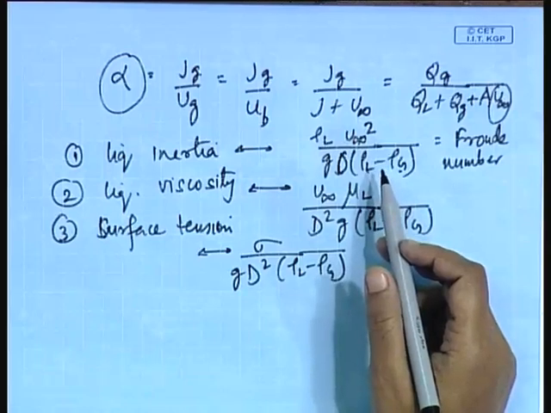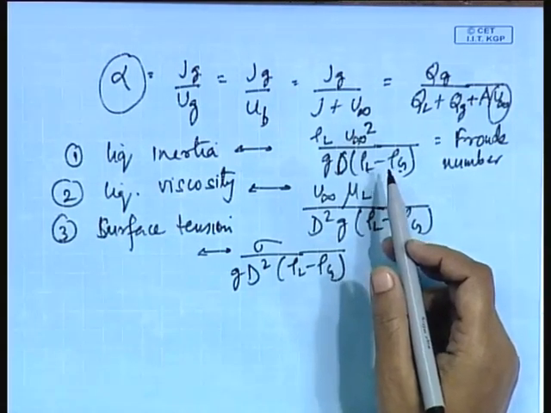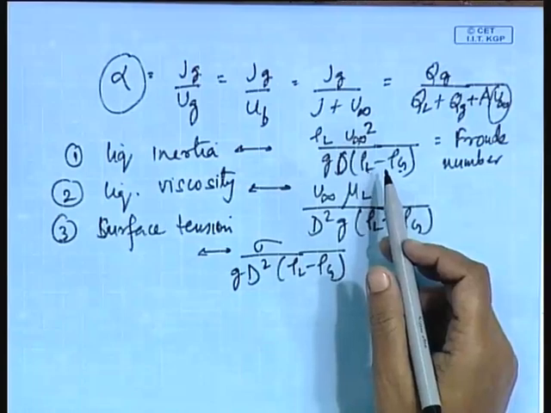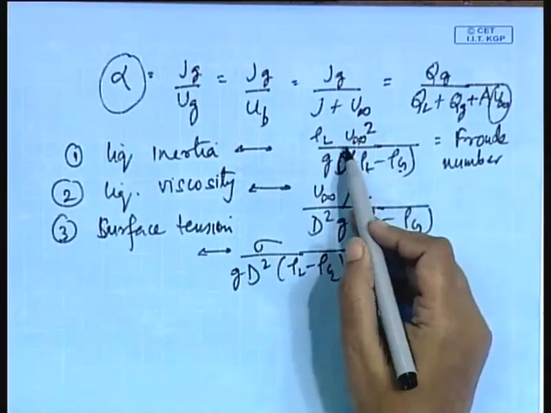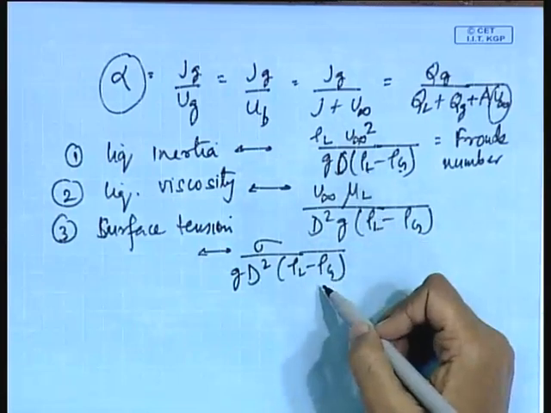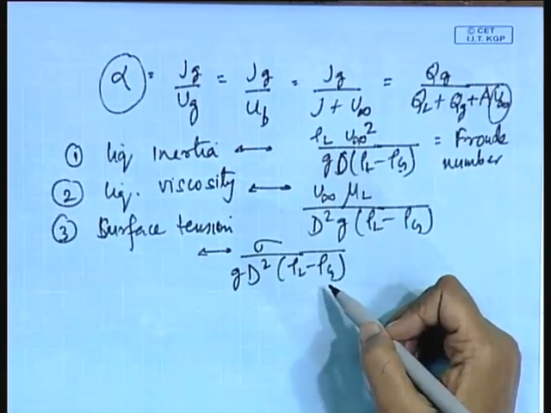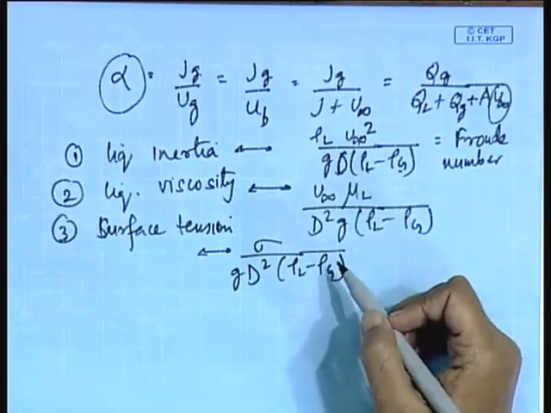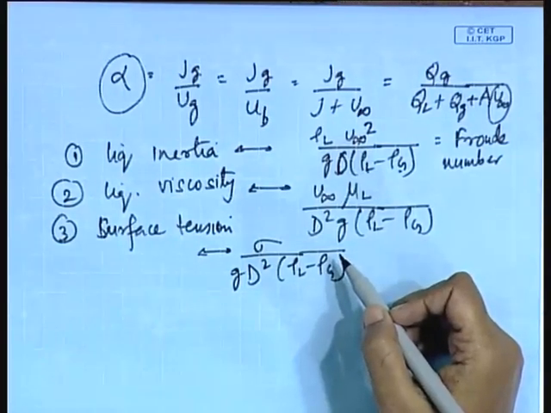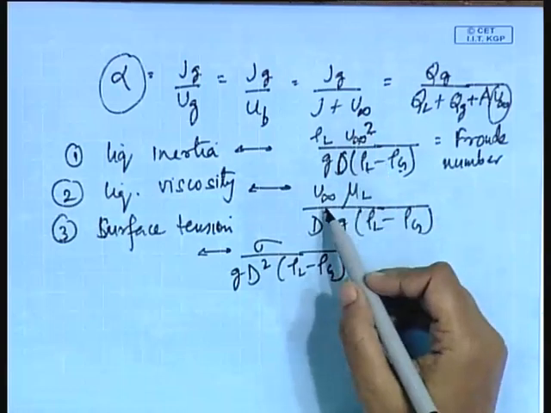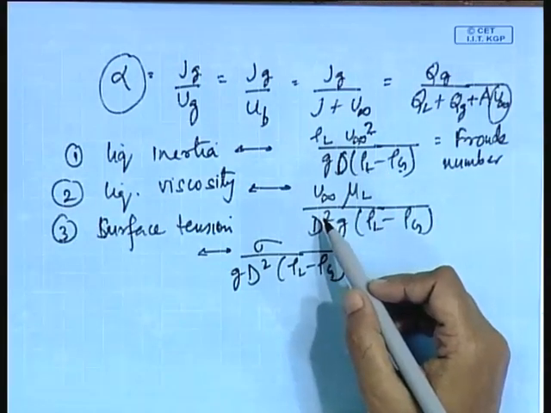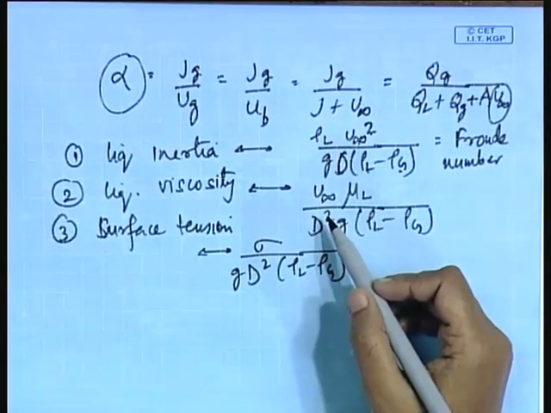Under those circumstances, we can solve it by using a graphical technique, where maybe we plot one group against the other with the third group as the parameter. Now, usually we want to find out u infinity. So, if u infinity is there in both the x axis and the y axis, then it becomes a problem, isn't it? Then it calls for a trial and error sort of technique.